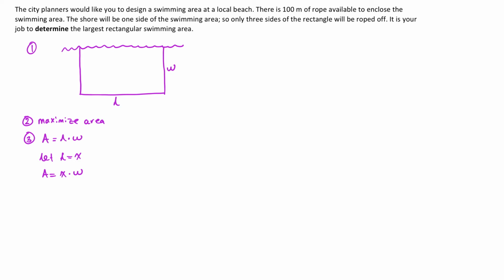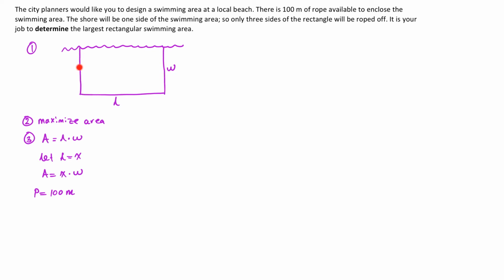Well, the other set of information that we have is that the perimeter is equal to 100 meters. So 100 meters of rope is available. So we also know that the perimeter is, in this case, this plus this plus this.